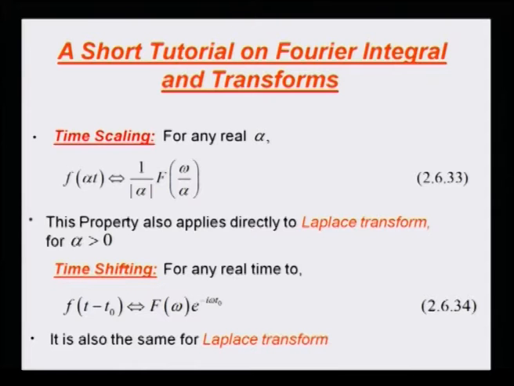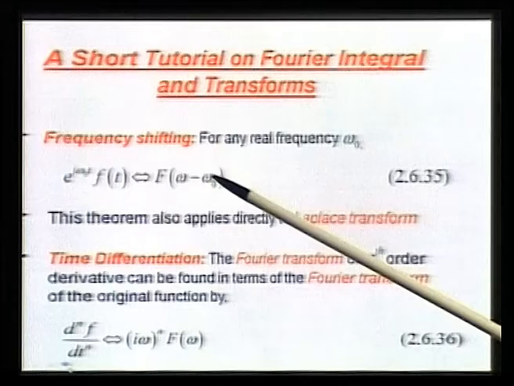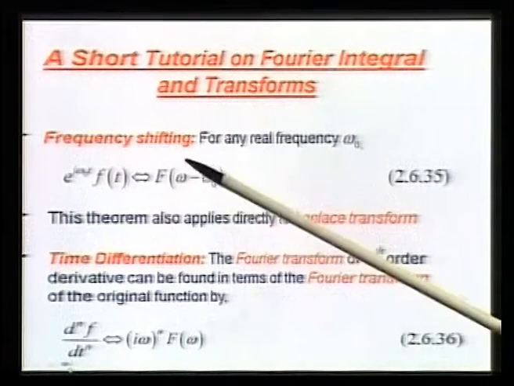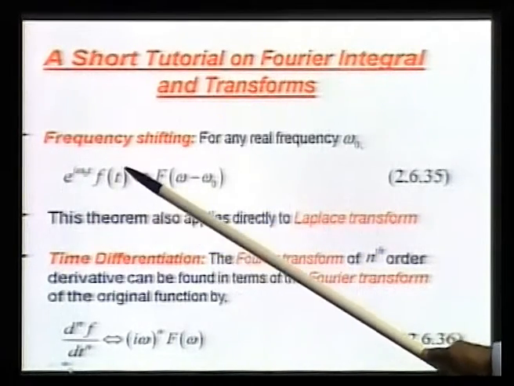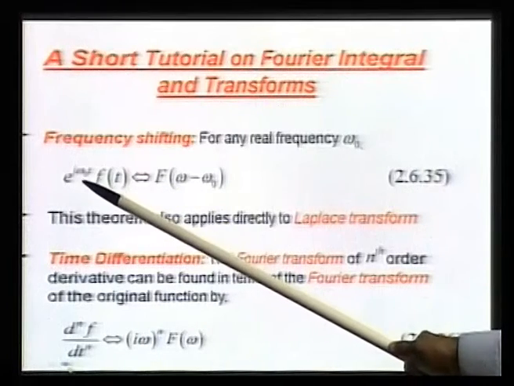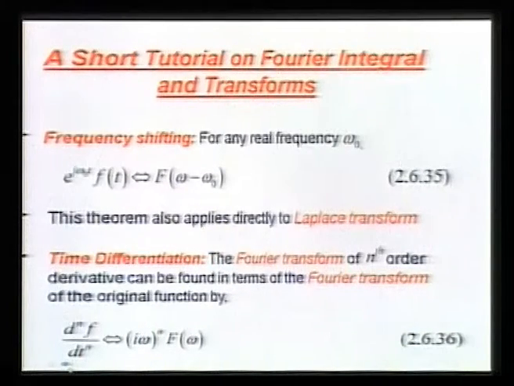Time shifting is one such property, shifting of origin. The same way, if I shift my frequency also from omega equal to 0 to omega naught, the corresponding time dependent function is obtained by just simply multiplying f of t with e to the power i omega naught t. Okay. This also directly applies to Laplace transform.